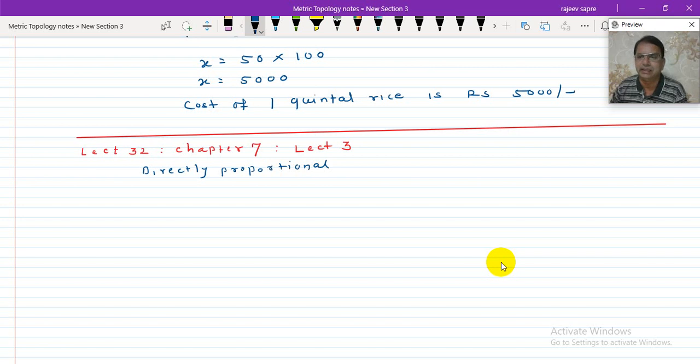As we said in the previous lectures, if you take the radius of the circle and the area of the circle, when radius increases, area increases, because you know the area of the circle.